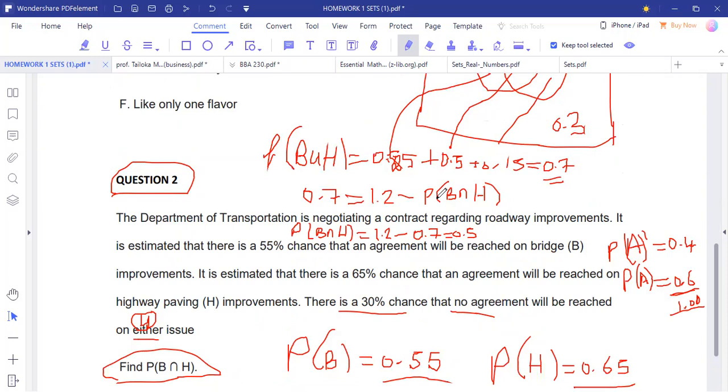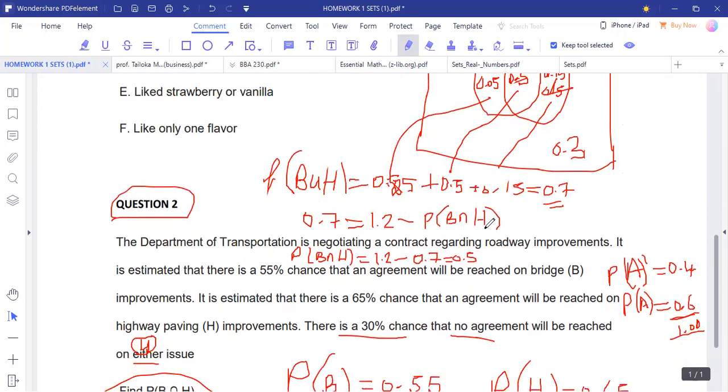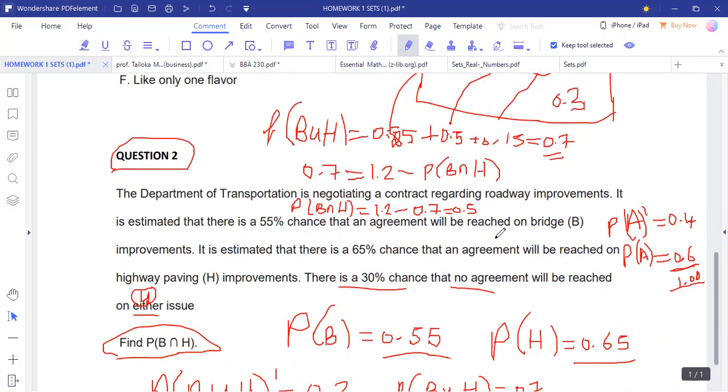Are we together there? Yes. So this is how you go about this kind of equation.